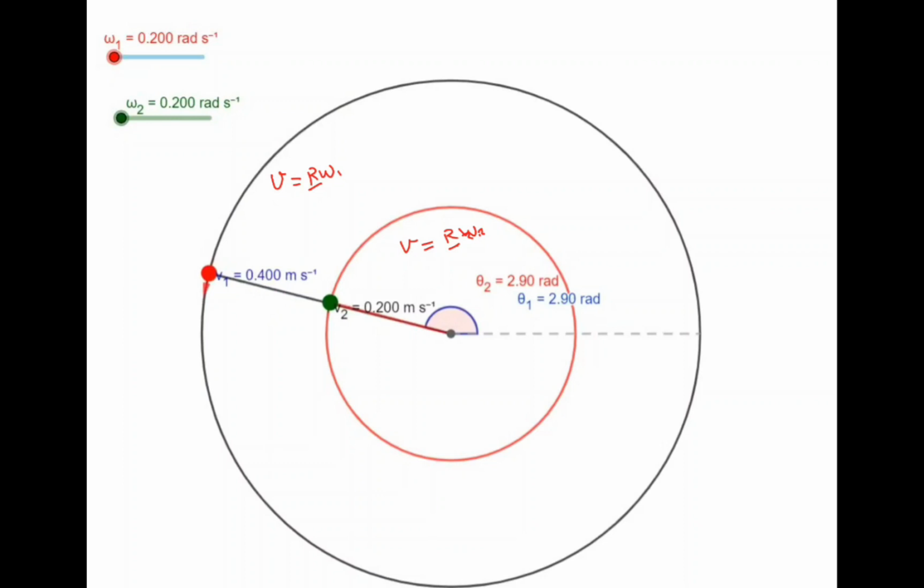From this whole thing, we can conclude that the angular velocity does not depend on the position of the particle, and it's constant, but the tangential velocity is changing because it depends on the radius of the circular path as well as the angular velocity.